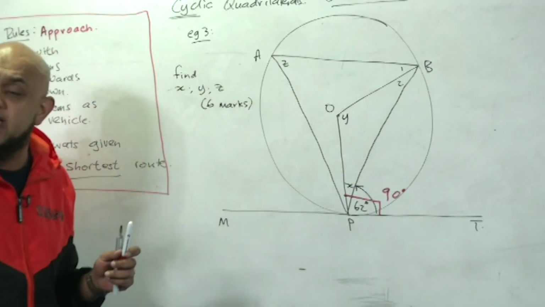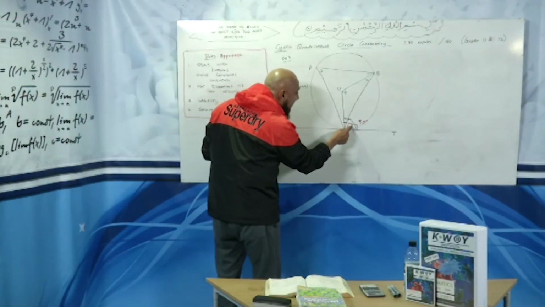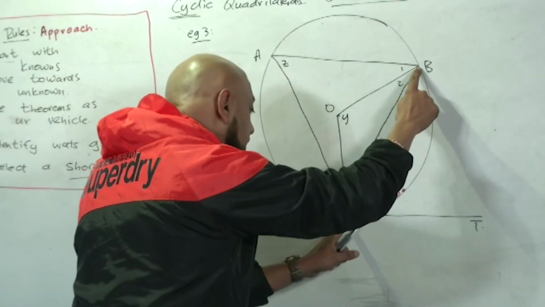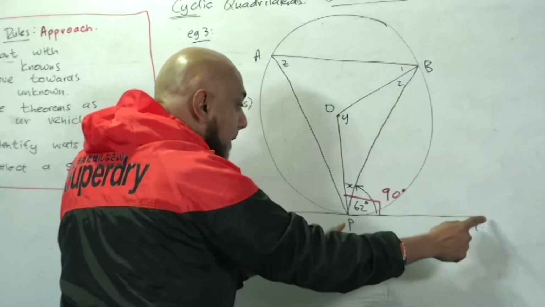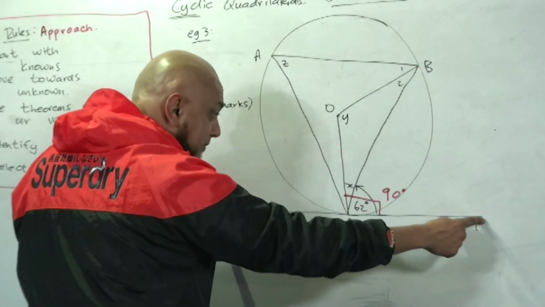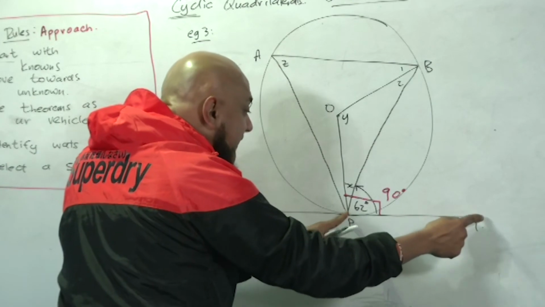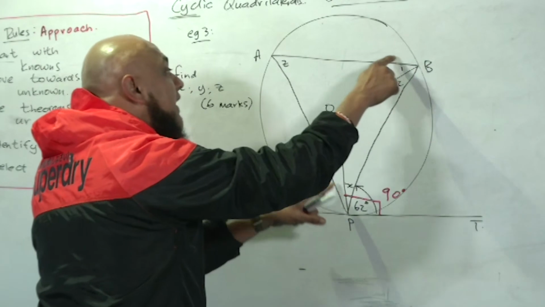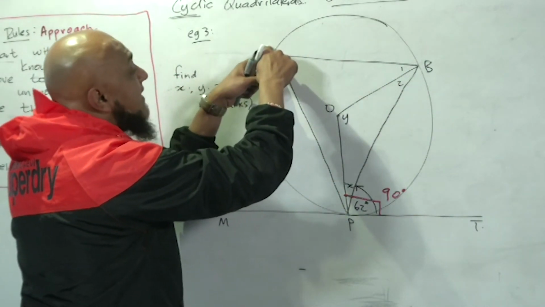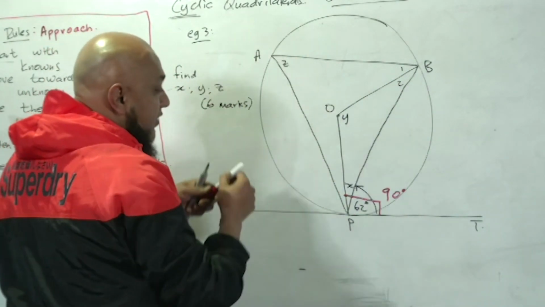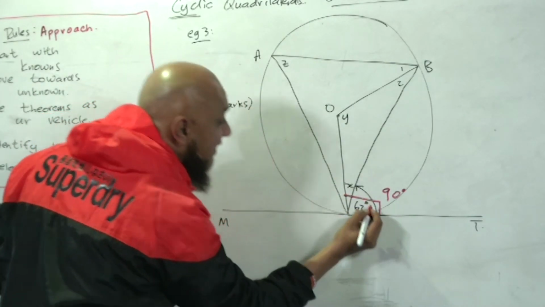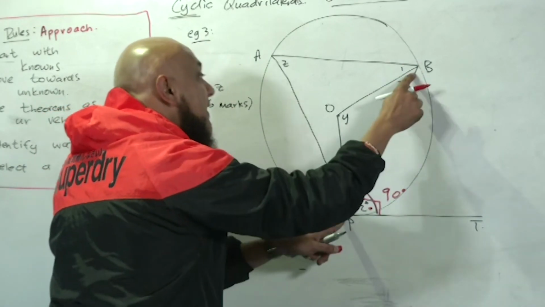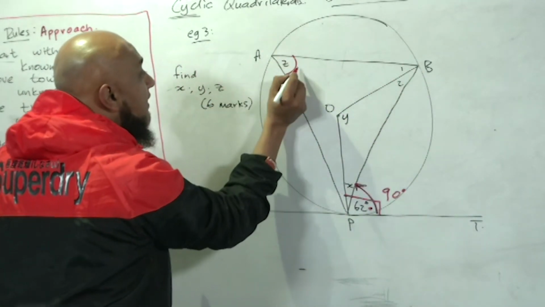One of our theorems was: the angle between tangent and chord is equal to the angle subtended at the circumference in the alternate segment. PB being your chord, PT or MT being your tangent, the angle between tangent and chord, there it is, your 62 degrees, is equal to the angle subtended in your alternate segment.